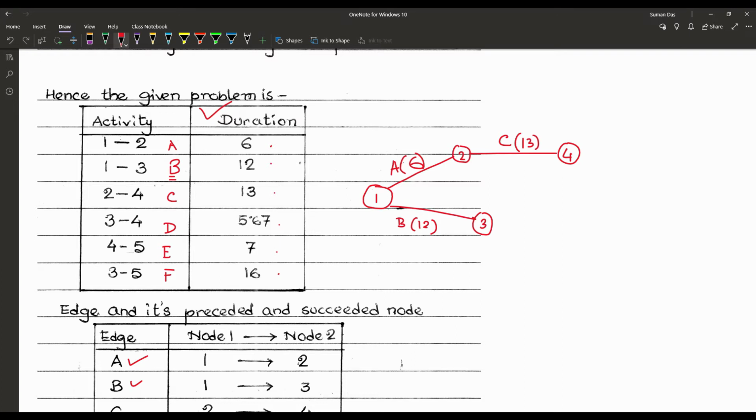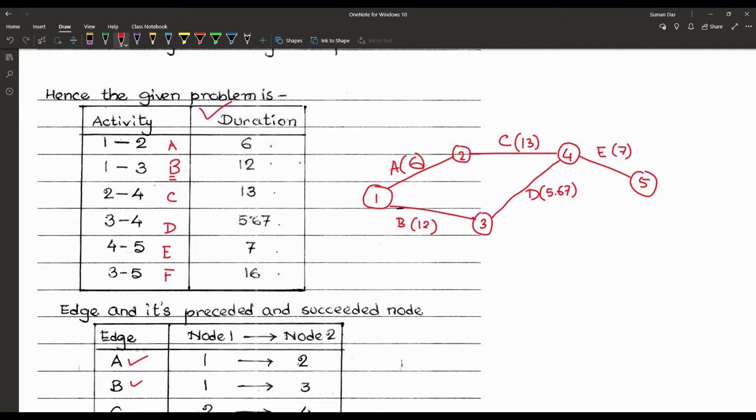Next 3 to 4, that means another edge, that is D, and the time is 5.67. Then 4 to 5, that is our node 5, and 4 to 5 has been given the name edge E and that is 7 duration.